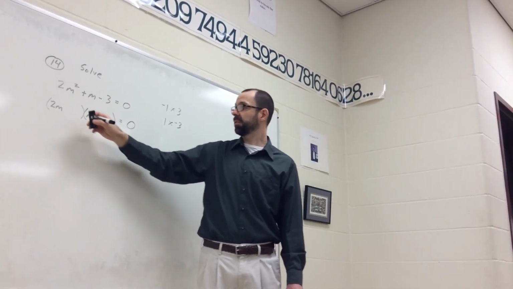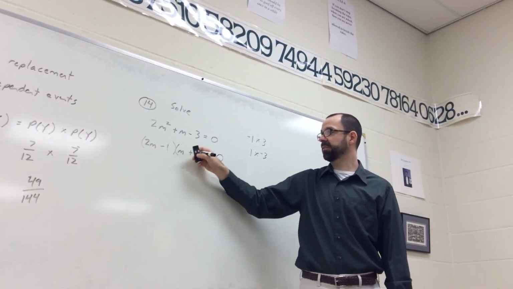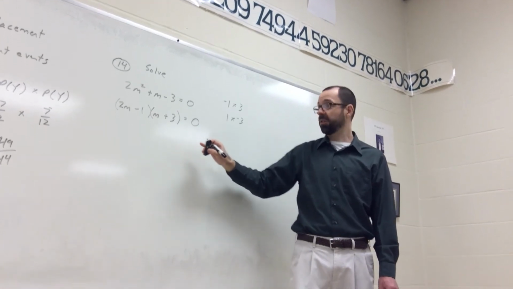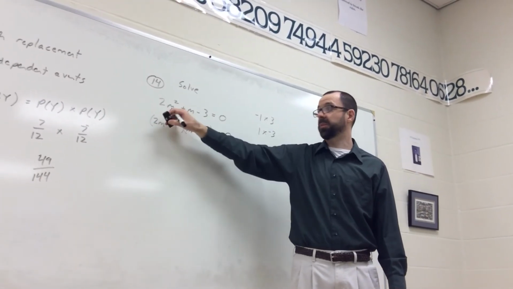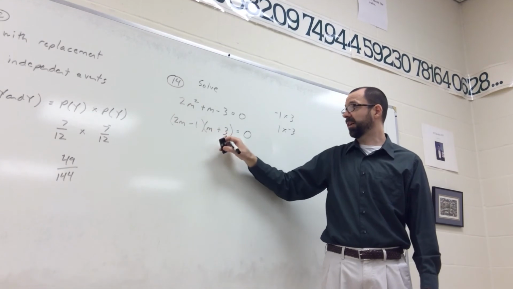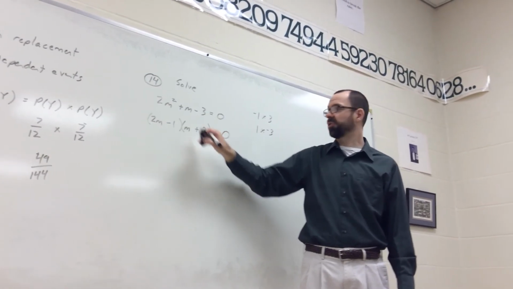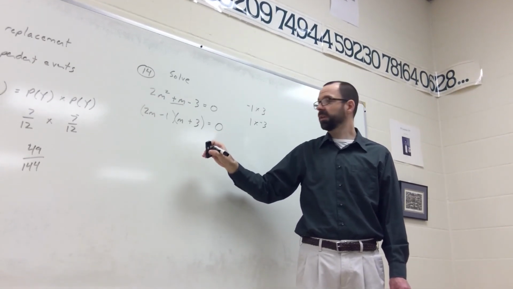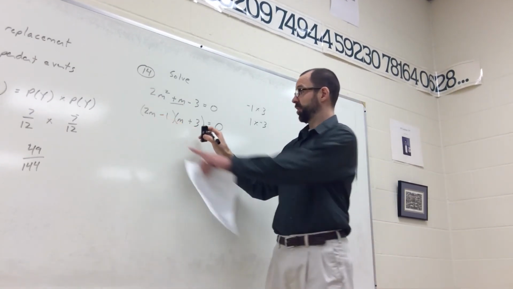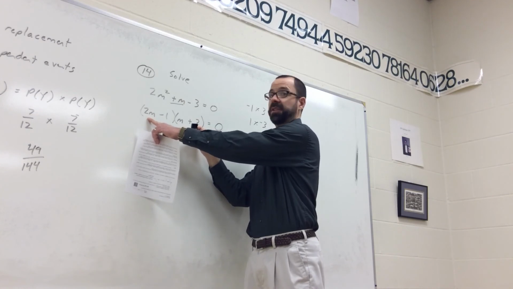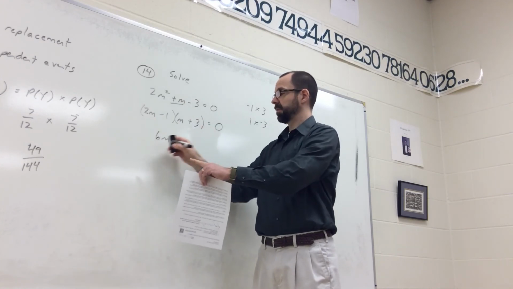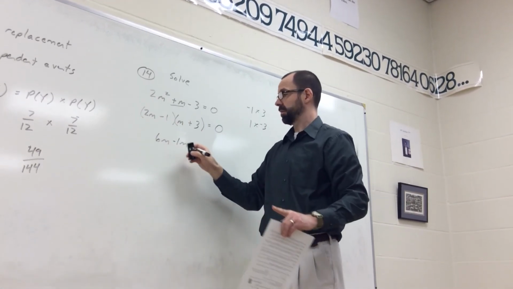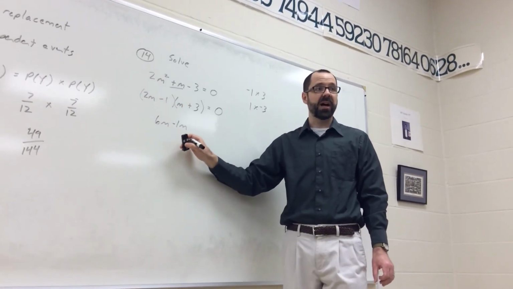So I'm going to put -1 here and +3 here and see if that works out. I know that this works out to be that, and I know that this works out to be that, but I'm not sure about the middle part of it. So the way to check that is you multiply these together, that's 6m, and then you multiply these together, and that's -1m, and that adds up to be 5m.